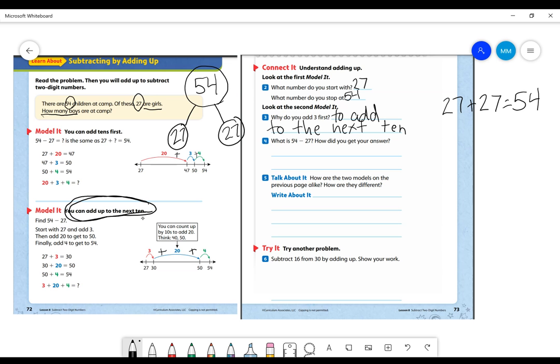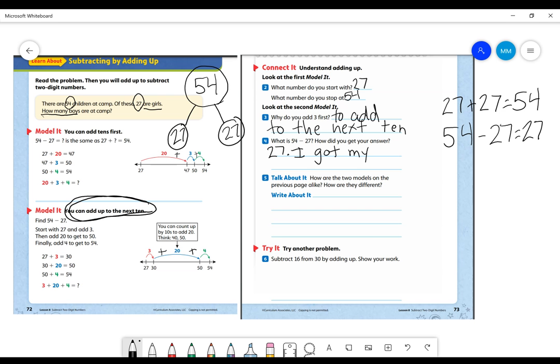When I add, I have 2 parts that make a whole, and when I subtract, I start with my whole and take away the parts that I had in my addition sentence. So what is 54 minus 27? 27. I got my answer.